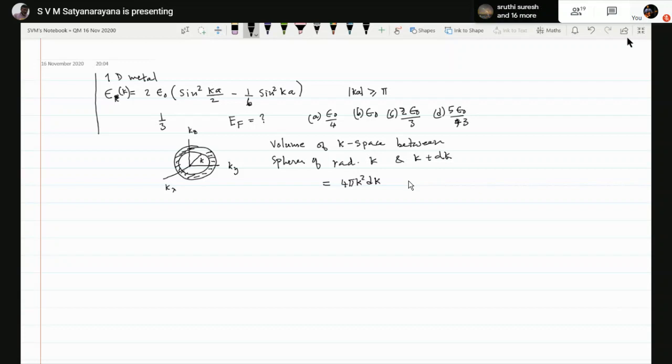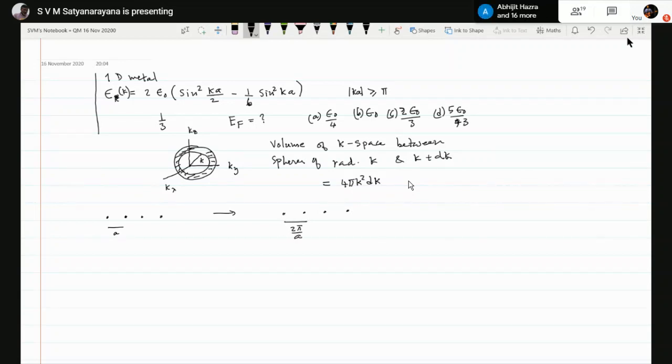But this is a one-dimensional lattice with lattice constant a. That means the reciprocal lattice of this one will also be a one-dimensional lattice, with lattice constant given by pi by a.